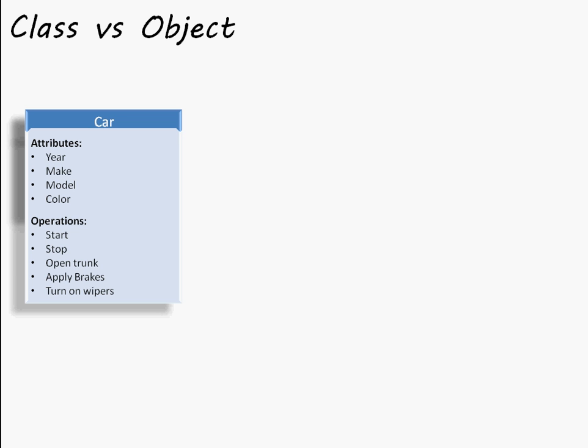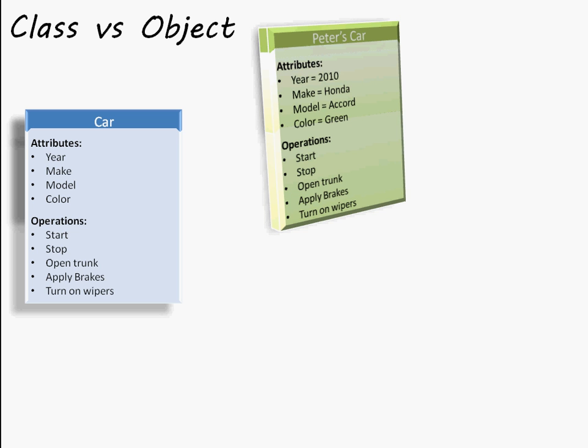A car will have year, make, model, color, etc. and operations such as start, stop, open trunk, and all other operations. Now, Peter's car is a specific object or a specific instance of car, which is a 2010 Honda Accord with green color.